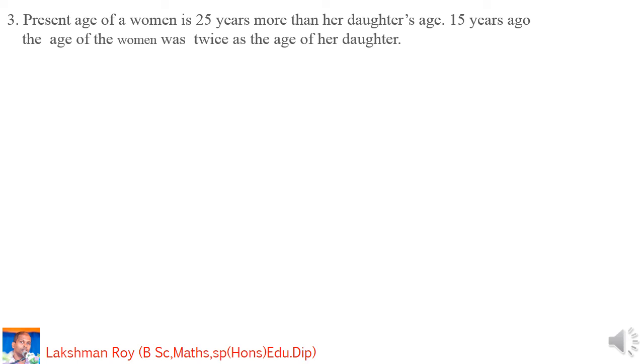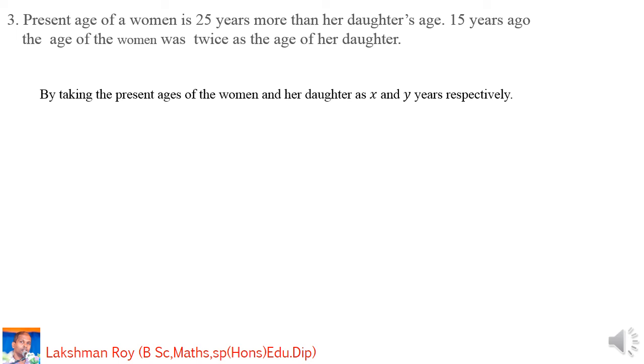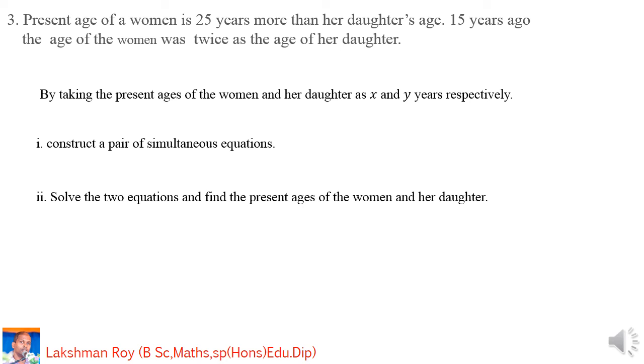Taking the present ages of the woman and her daughter as x and y respectively, one, construct a pair of simultaneous equations. Two, solve them to find the ages of the woman and the daughter.